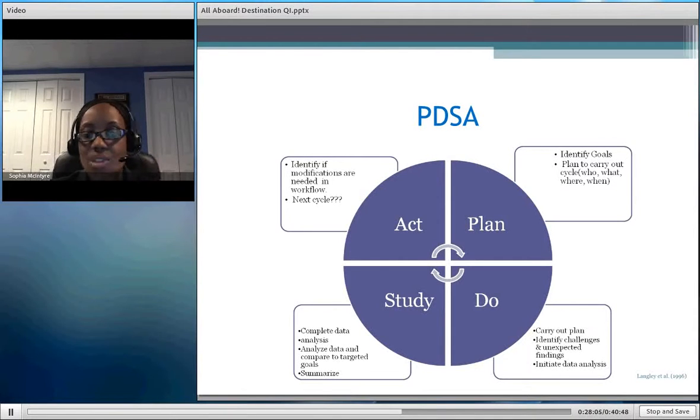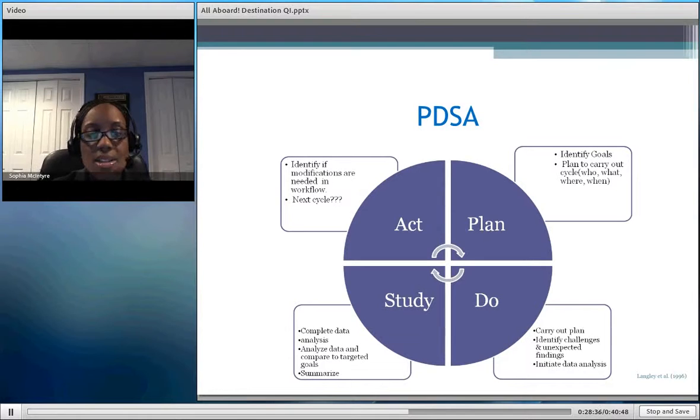Do is actually carrying out the plan for improvement. And when you're doing it, in this process, you're identifying challenges and unexpected findings. And that's what's part of the PDSA cycle. You're looking to see what are some barriers to improving your quality improvement. You're initiating data analysis, and then with your study, you're completing the data analysis.